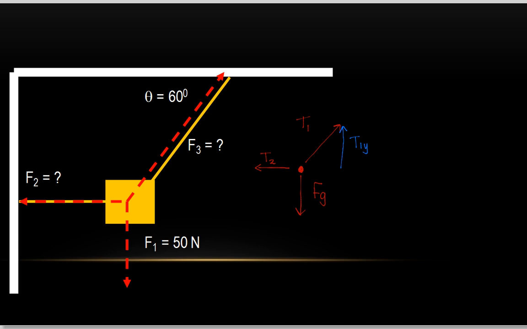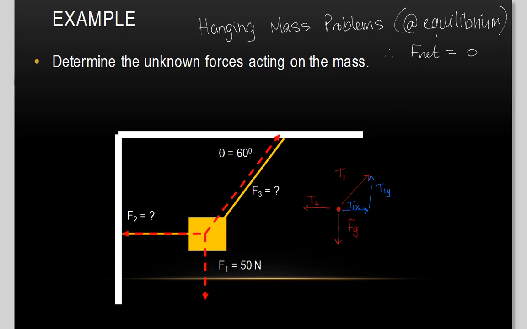Okay, well, what balances the T2? Yeah, very nice. T1x. So because these are at equilibrium, they have to be balanced. So then T2 equals T1x.